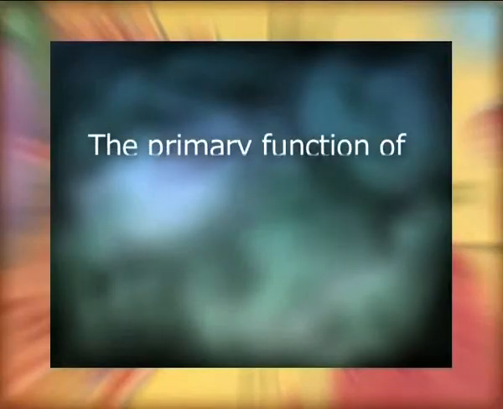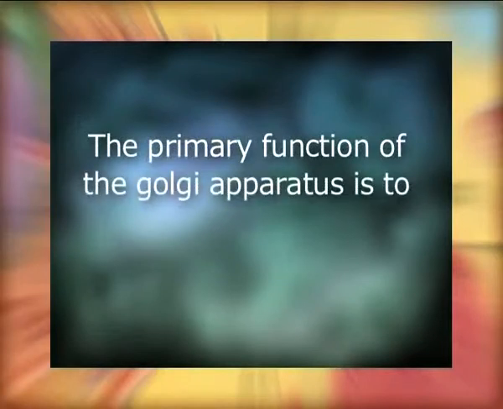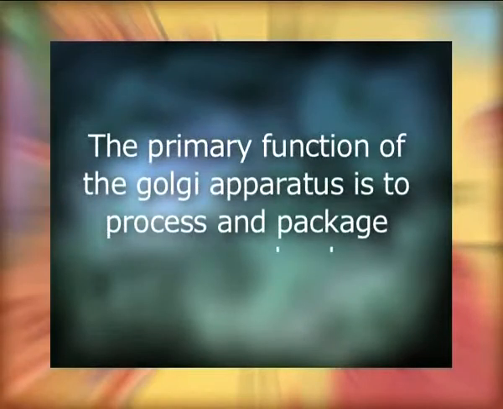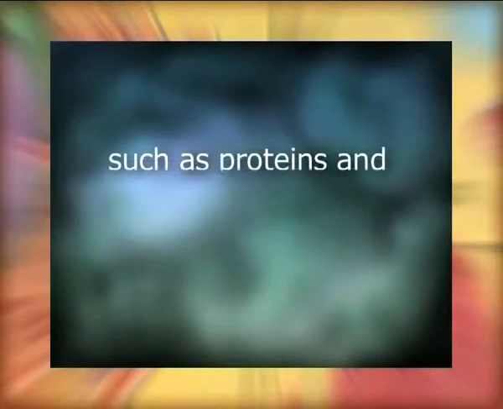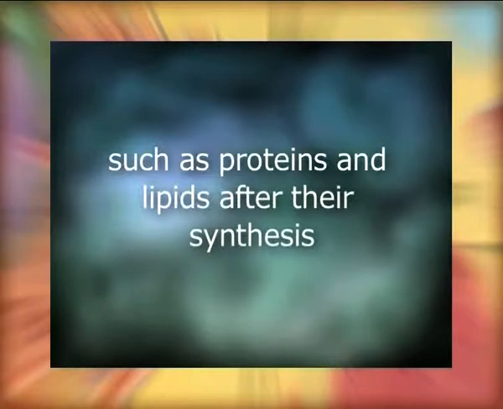The primary function of the Golgi apparatus is to process and package macromolecules such as proteins and lipids after their synthesis, and before they make their way to their destination. It is particularly important in the processing of proteins for secretion.